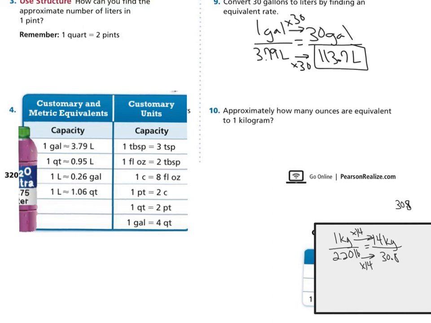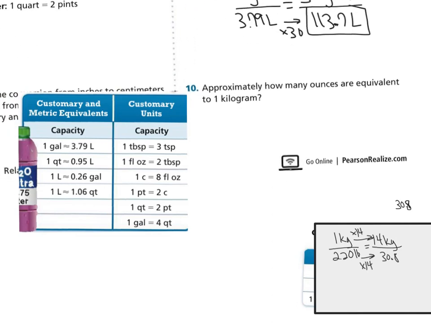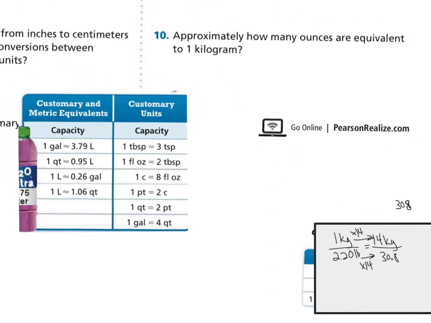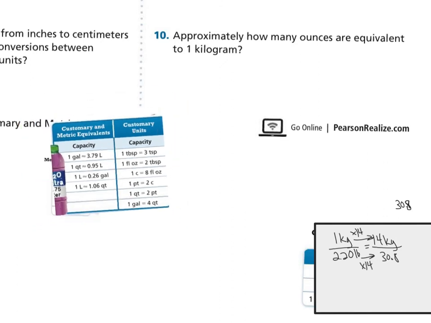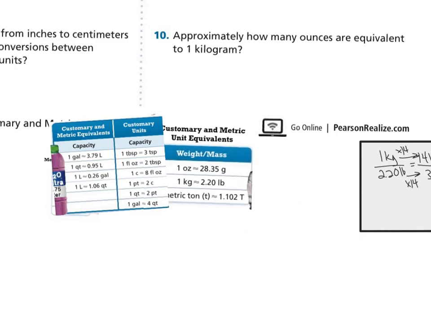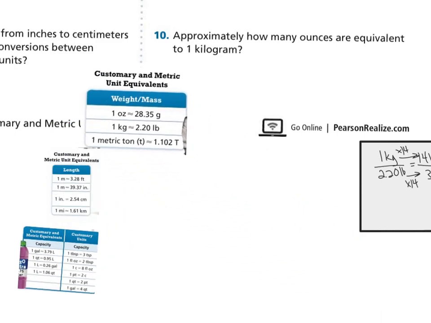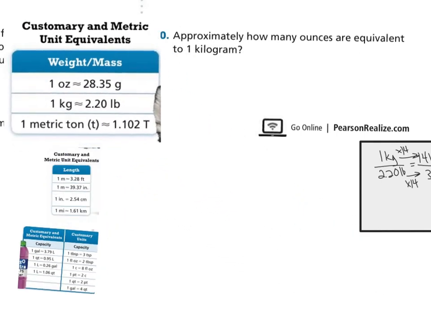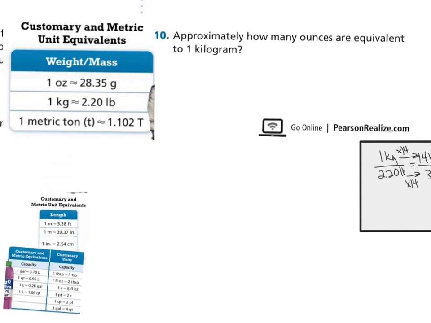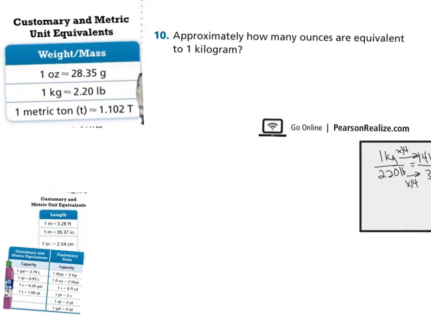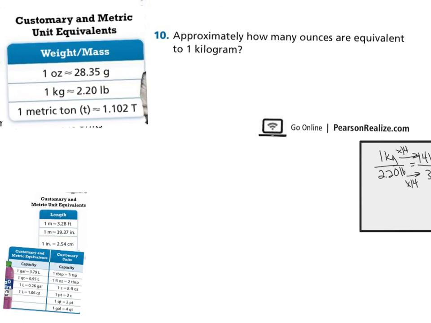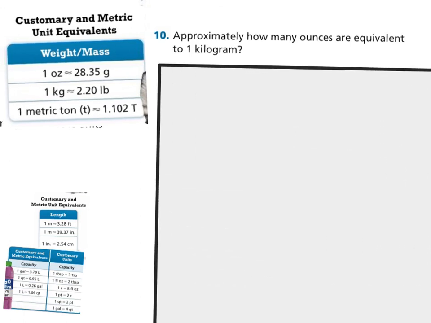And then number 10, approximately how many ounces are equivalent to 1 kilogram? Okay, so on this one, we don't have a conversion with kilograms and ounces. We just have a conversion with kilograms and pounds.